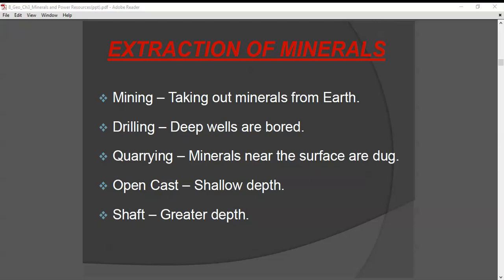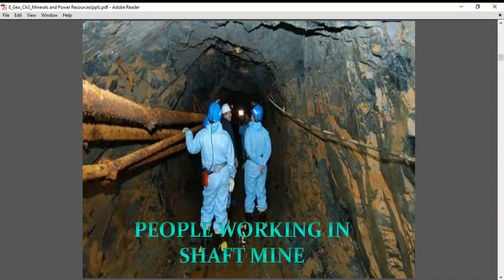Shaft means a narrow passage which is dug. If you see this photo, you can see a small tunnel-like area has been dug. Many people cannot stand in this area. Maximum, as you see in this photograph, 3 or 4 people can stand together. This tunnel-like area is dug deep into the earth, and then the mining is carried out.